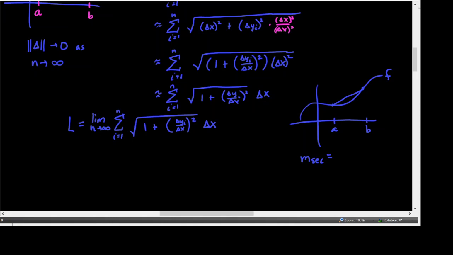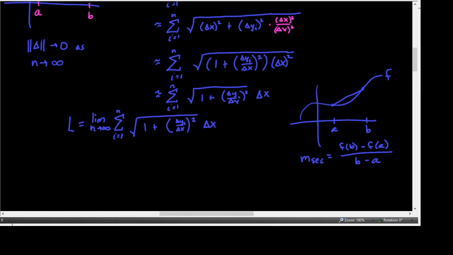And of course that's y sub 2, f of b, minus y sub 1, f of a, over x sub 2, which is b, minus x sub 1, which is a.